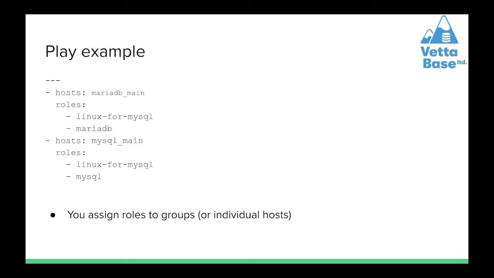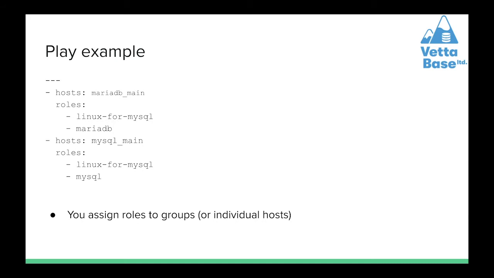I wanted to show something that I consider quite important. The lists could include some roles in common. And this is actually something that I do every time. You can see that both the groups include a role called Linux for MySQL. Why?